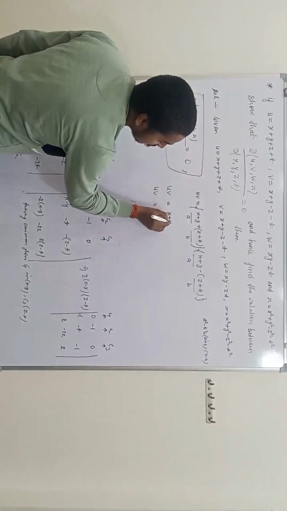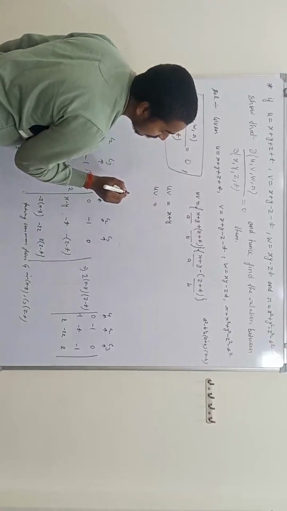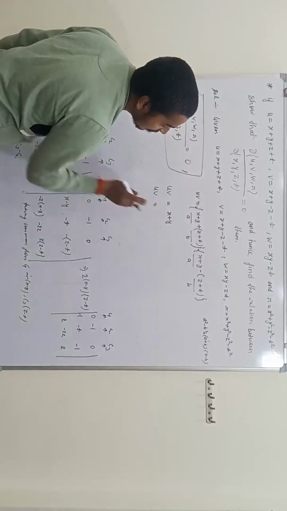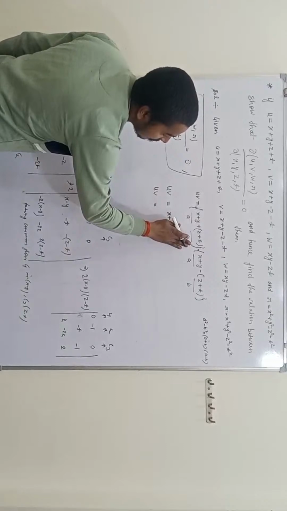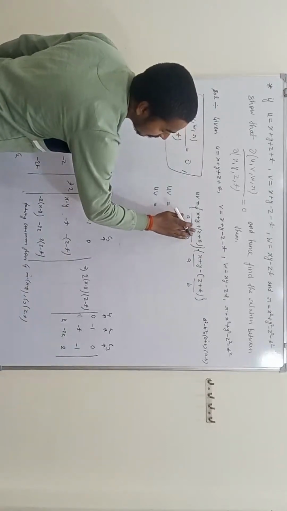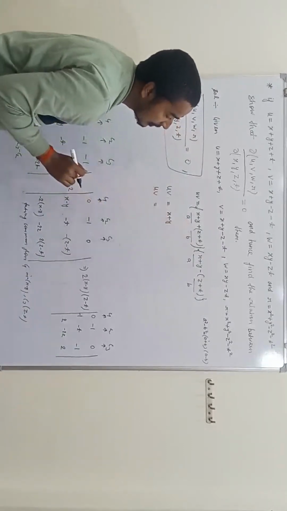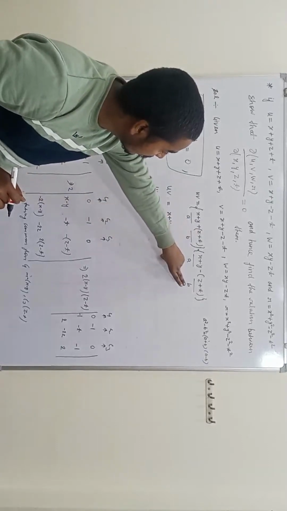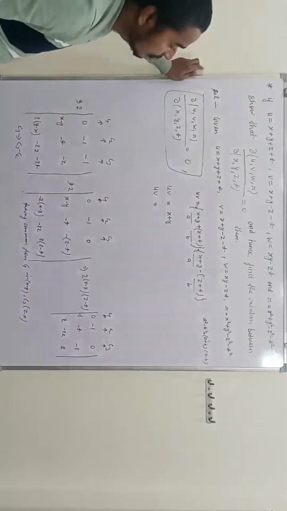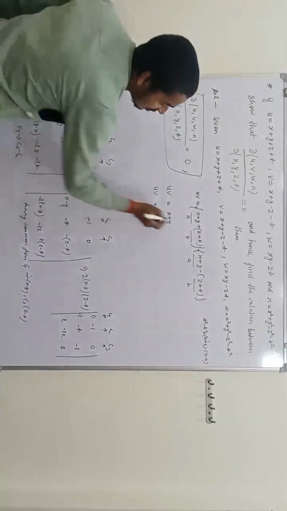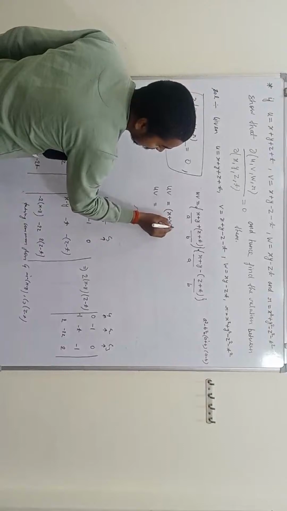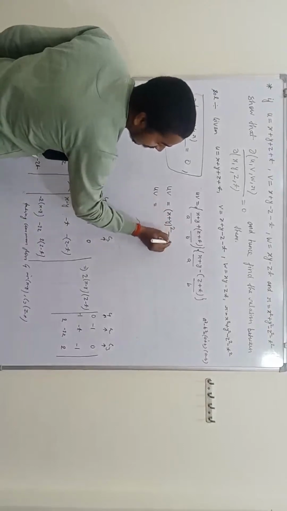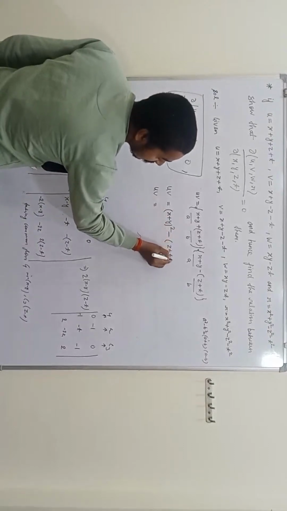Then x plus y, a plus b and a minus b. We can also write x plus y whole square minus z plus t whole square.